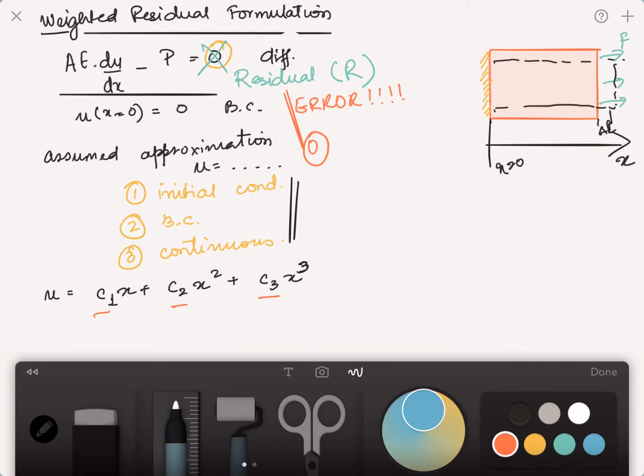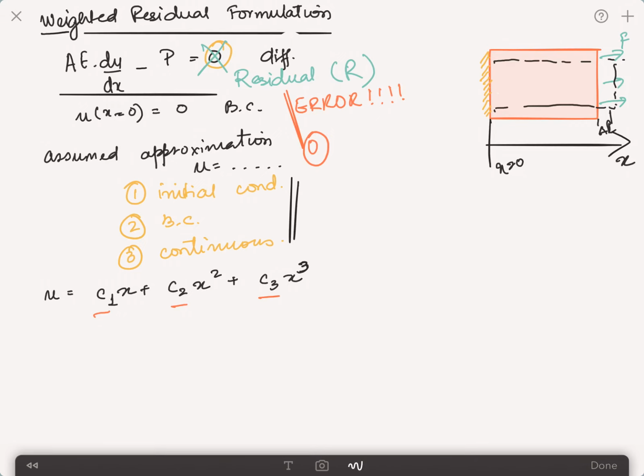I'm going to start, as I mentioned, with the weighted residual formulation. I have a u, and I'm going to substitute it into the differential equation. To do so, I will have to write du/dx, which is very simple: C1 plus 2 C2 x plus 3 C3 x squared.